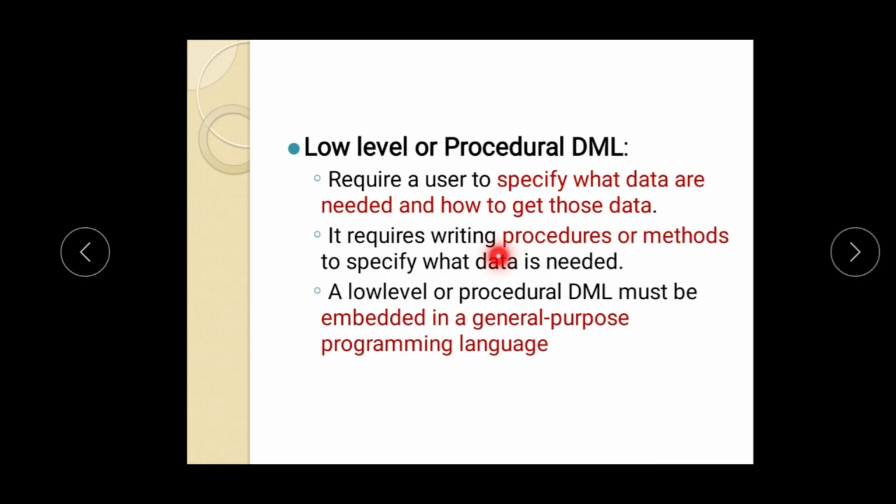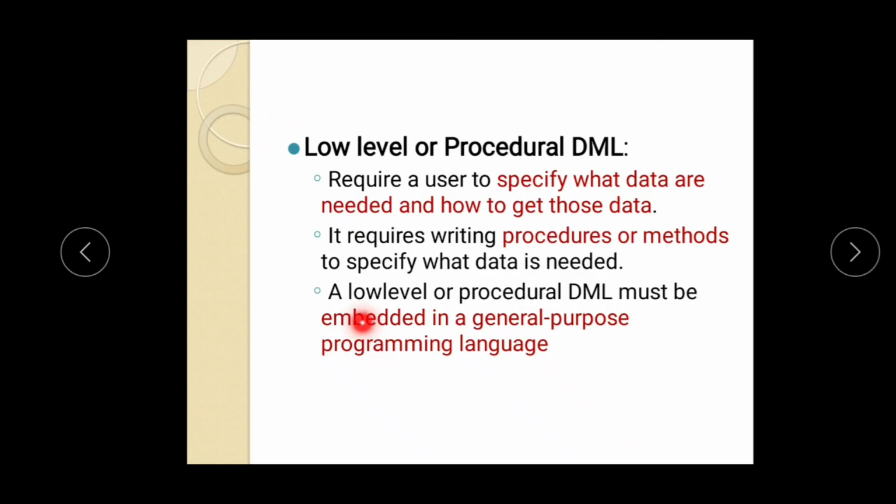So how do we write this code? These codes are written in the form of procedures or methods. We have already seen procedural programming; C language is the best example of a procedural language. We write the program in the form of procedures, functions or methods, to specify what data is needed.